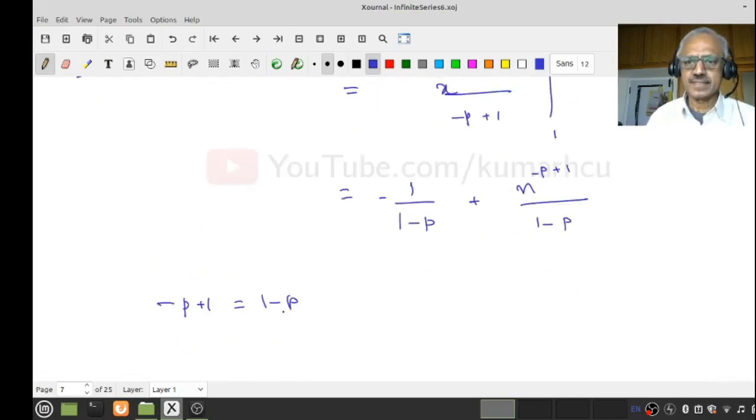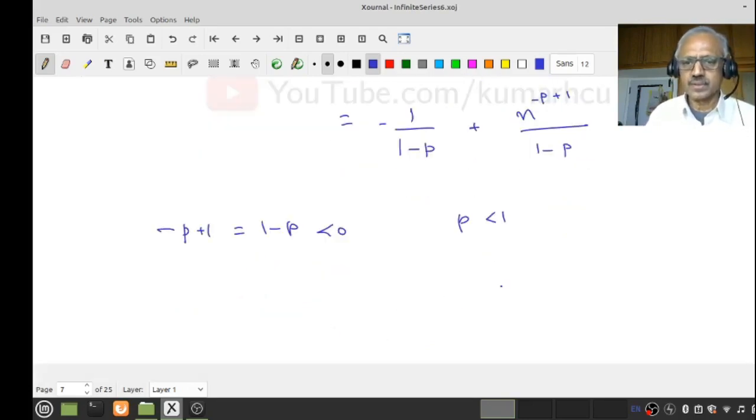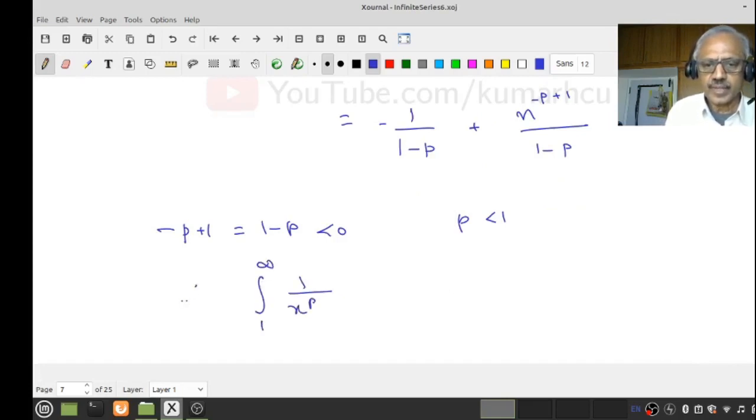Then 1 minus p should be negative, right? If the exponent of n is positive, n to the power that will shoot to infinity. Therefore, this exponent must be less than 0, that means p is greater than 1. Therefore the integral from 1 to infinity of 1 by x power p dx exists if p is greater than 1.